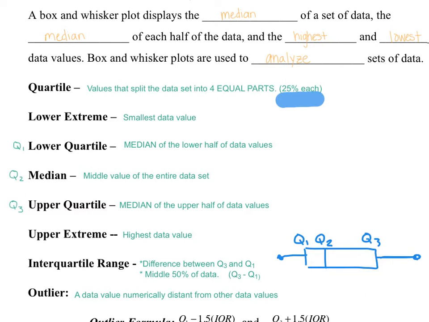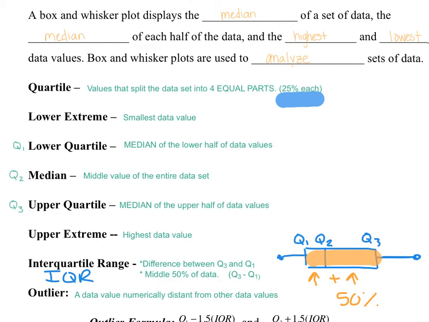So the IQR, which is what interquartile range is short for, is the difference between Q3 and Q1. So it's this section right here, and that's going to be 2 quartiles, 2 sections. So this section plus this section equals 2 quartiles and equals 50% of your data. So that's where your interquartile range is.